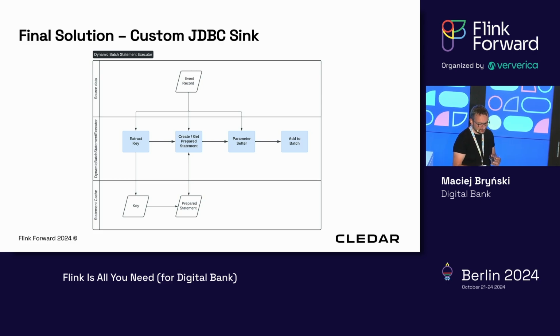Then it sets all the parameters for the prepared statement, adds the result to a batch, and if the batch size is reached, we just execute everything on top of the data warehouse. And in our case, for the key extractor, we are just using a function that is getting the topic name from the key. So then we can have a separate prepared statement per topic, and this gives us the possibility to send different topics to different tables.